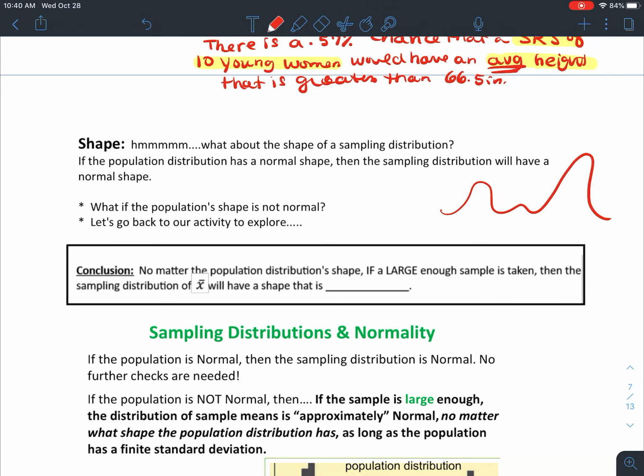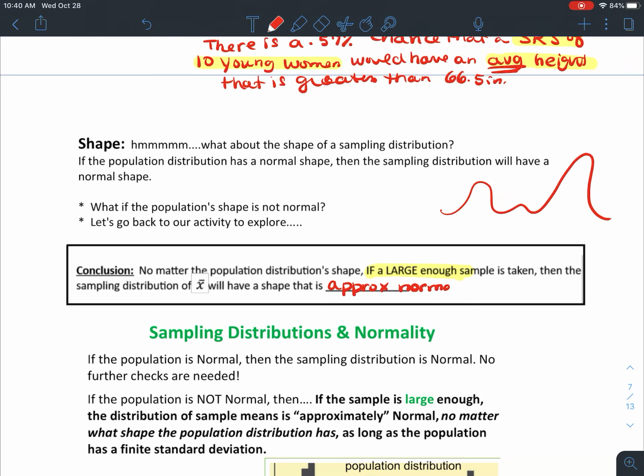We learned that no matter what the population distribution's shape is, if you take a large enough sample, then the sampling distribution for your mean should have a shape that is approximately normal.